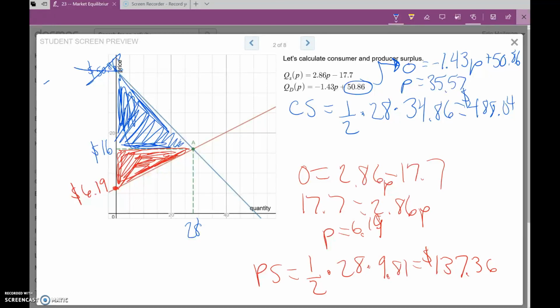And so when you go back and compute consumer surplus, you get 1/2 times 28 times 35.57. You get consumer surplus is 497.98.